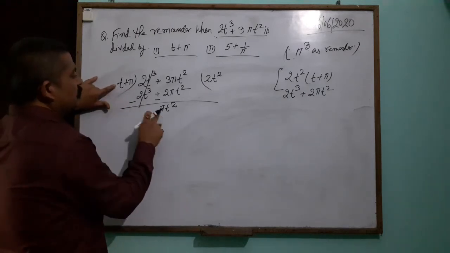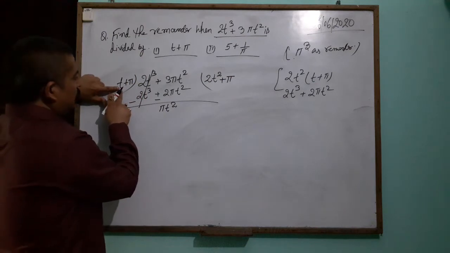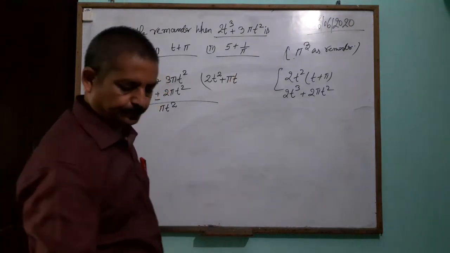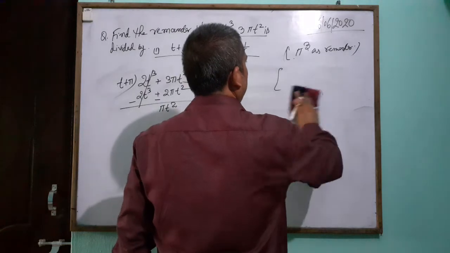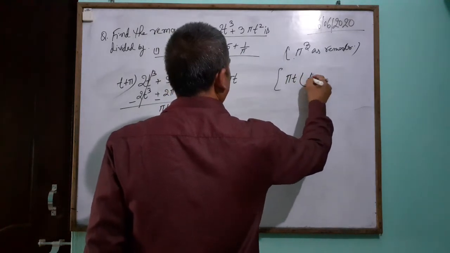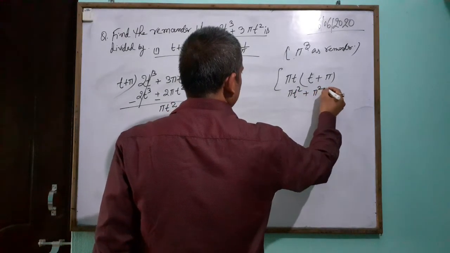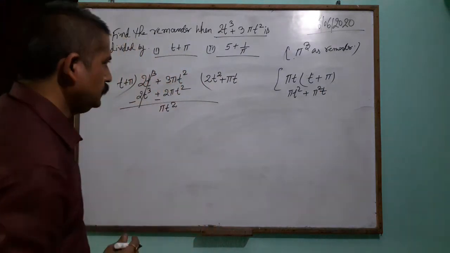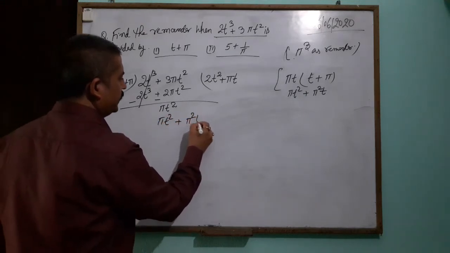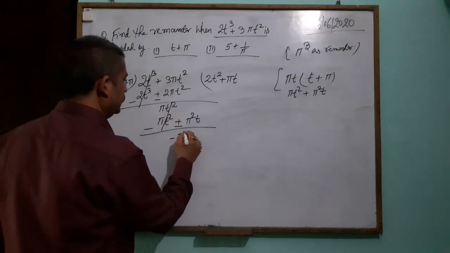The coefficient is 1 and the coefficient is π, so we multiply by π. The power of t is 1 and the power of t is 2, so we multiply by πt. So πt into t + π gives πt² + π²t. The minus minus cancels, so minus π²t.